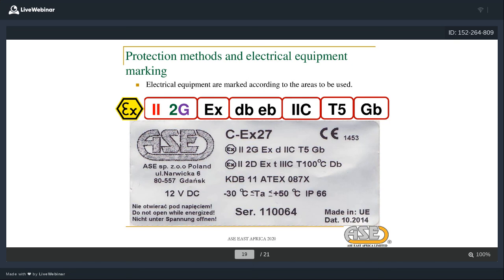Because today we had only 1 hour, maybe next session we can talk about dust and dust protection. So the difference is that EX is explosion protected, and IP is ingress protection.